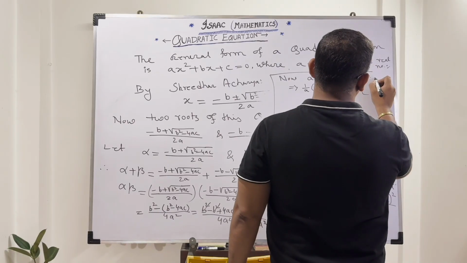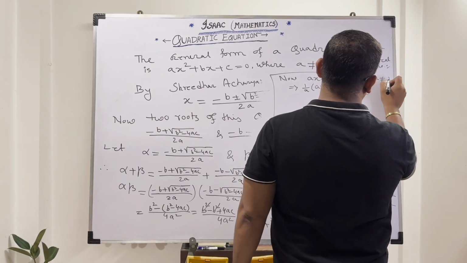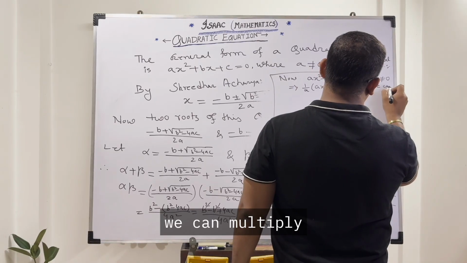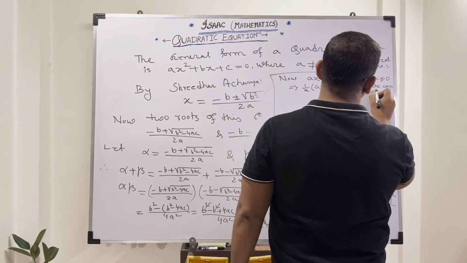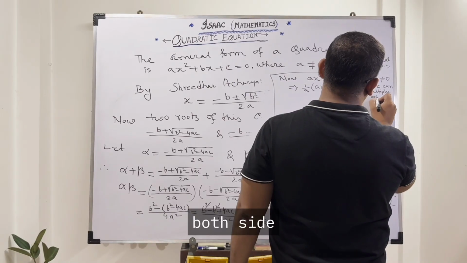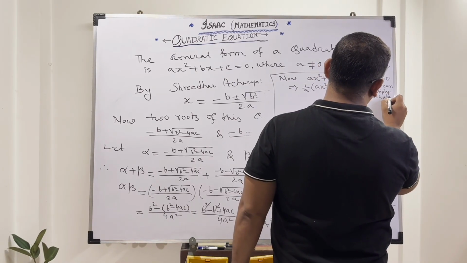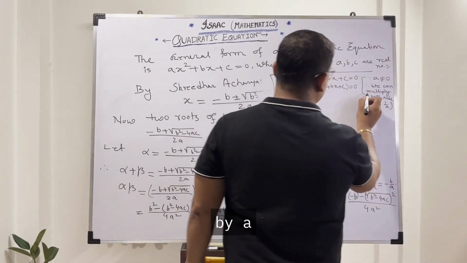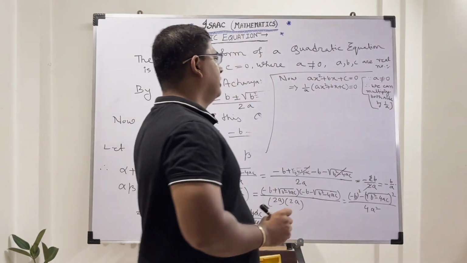Since a not equals to 0, we can multiply both sides by 1 by a.